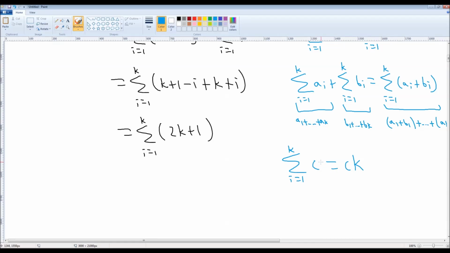In fact, this is the definition of multiplication. When you multiply two integers, you're just adding the number to itself a bunch of times. So that means we can rewrite this as 2k plus 1 times k.